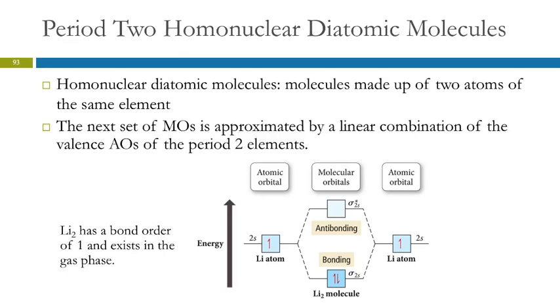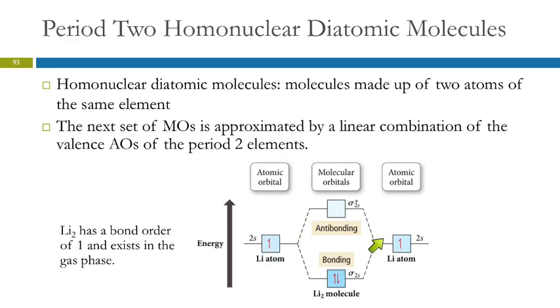So here we're looking at lithium 2, Li2. So here's a lithium atom. It has 1 valence electron in the 2s orbital, and the other lithium atom has 1 valence electron in the 2s orbital. When 2s orbitals combine, they make molecular orbitals very similar to the 1s, where one's higher and one's lower in energy. We have a bonding and an antibonding. The names are sigma 2s and sigma star 2s.